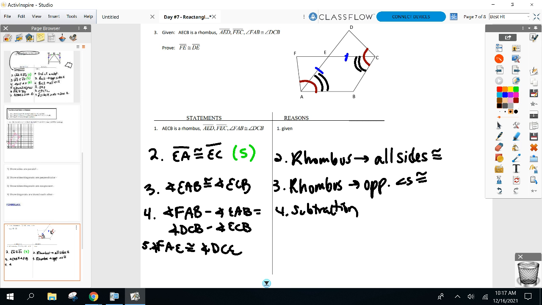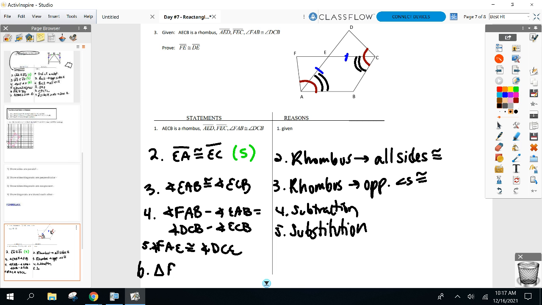Everyone's all right? Substitution. And then now you should have enough information to say the triangles are congruent.